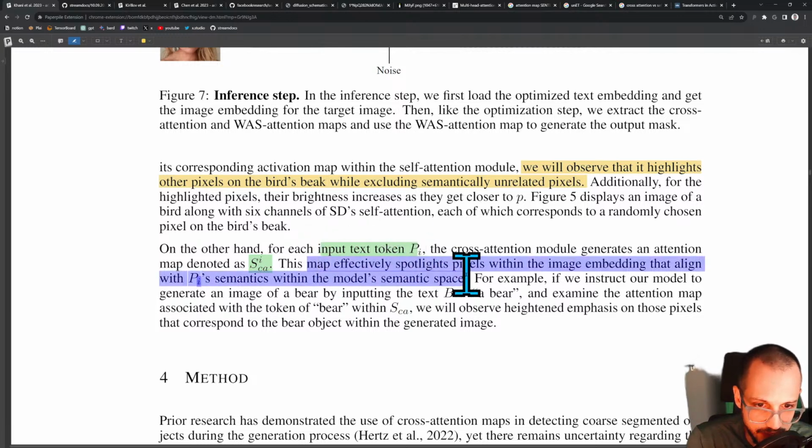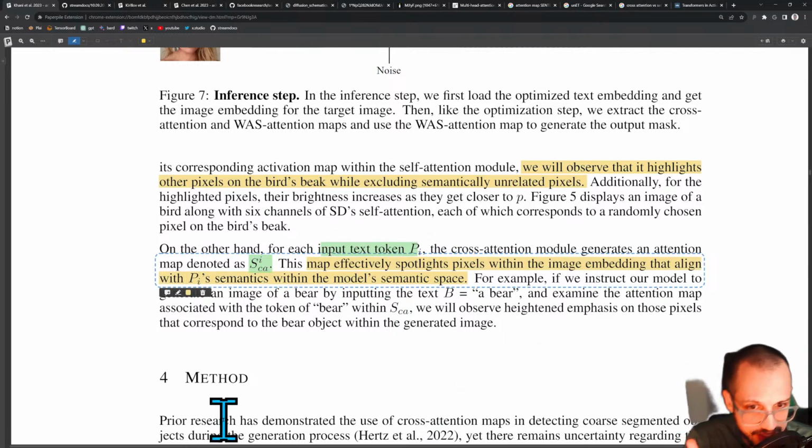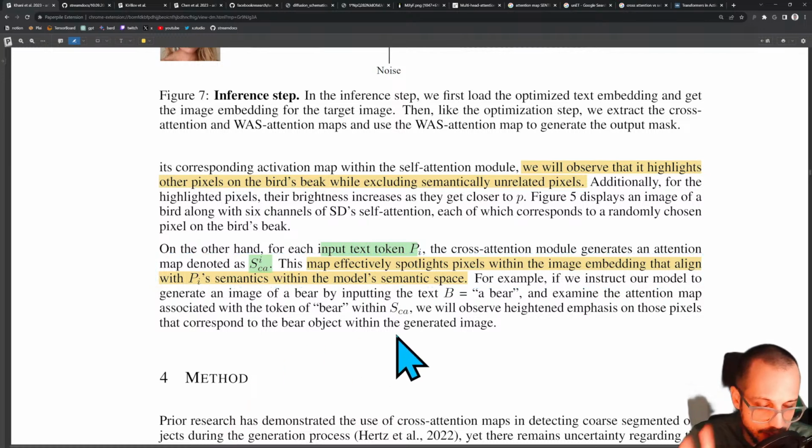And this is kind of the next piece of key insight here, right? In the self-attention map, you can find out which pixels are semantically related. In the cross-attention map, you can now figure out which pixels are related to which token in the text sequence.